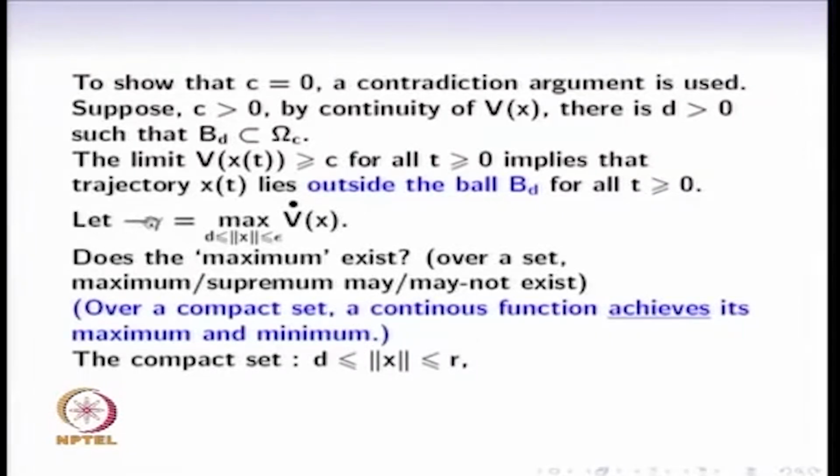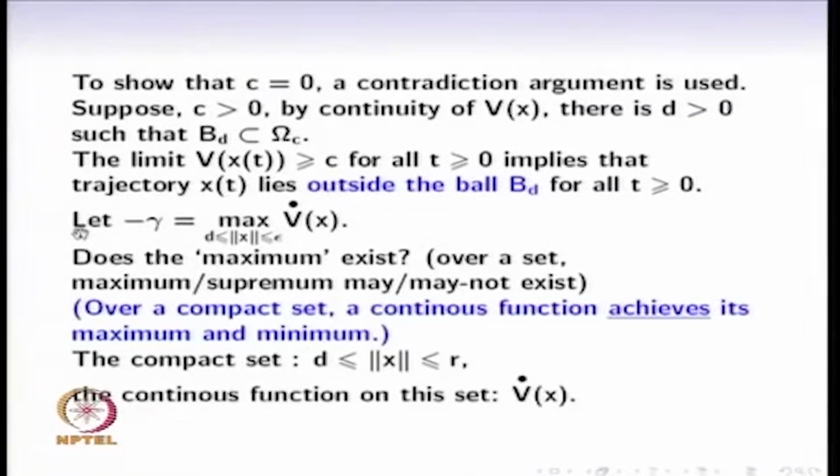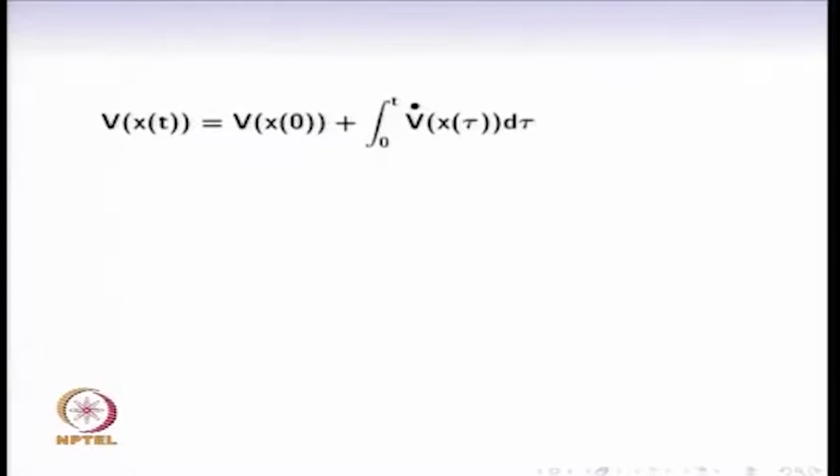On this compact set, this maximum value is achieved. We really require this property, that is why the emphasis. And this maximum quantity itself is negative, and hence gamma is positive. So over this compact set, the continuous function on this set, that continuous function is v dot of x, that depends continuously on x.